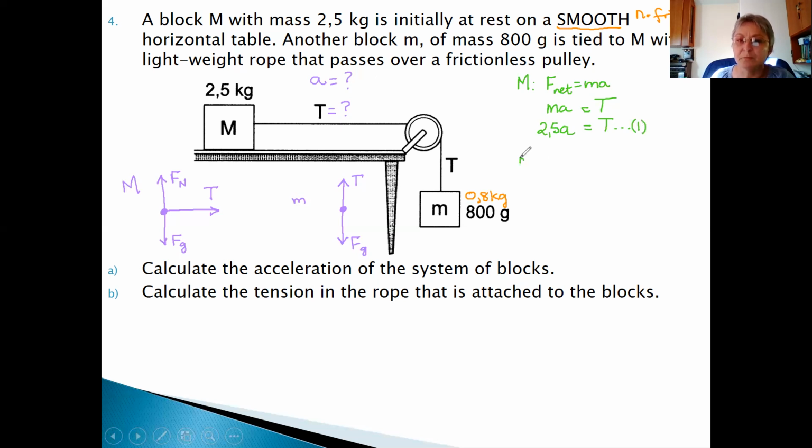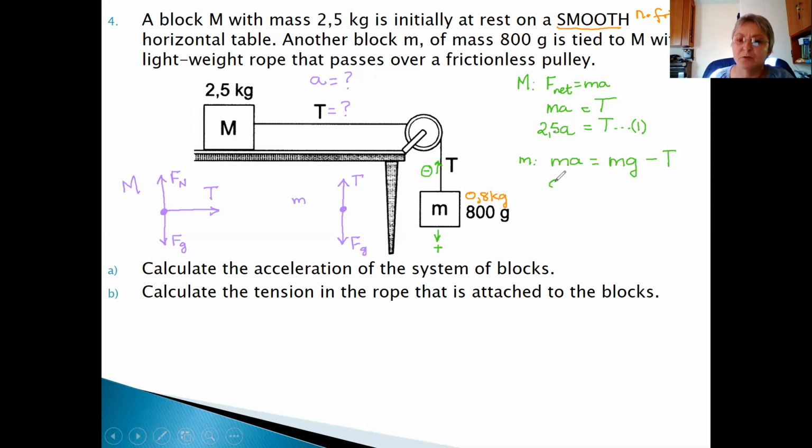For little m, the MA equals mg for the gravitational force minus T, because these two forces act in opposite direction, and I choose down to be my positive direction, then up would be my negative direction.